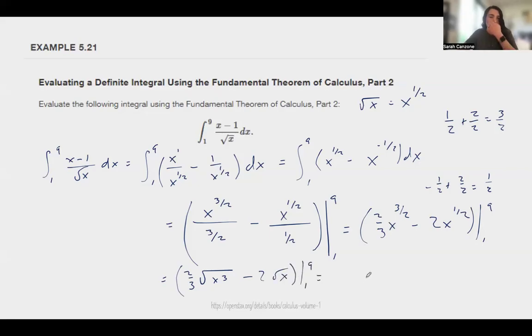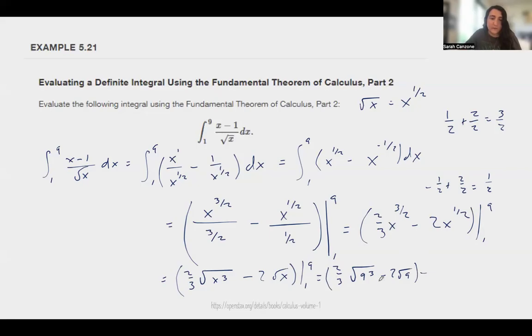And now we can plug in, and it probably makes a little bit more sense. So this is plug in the upper bound. So this is 2/3 times the square root of 9 cubed minus 2 times the square root of 9. And then we want to subtract.